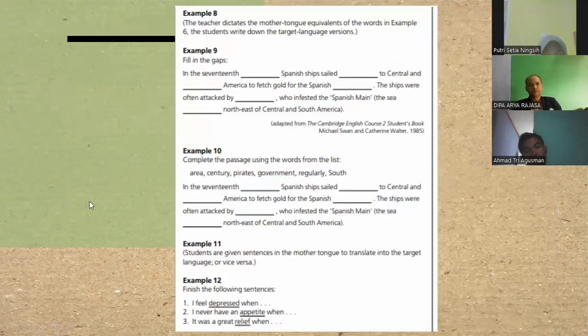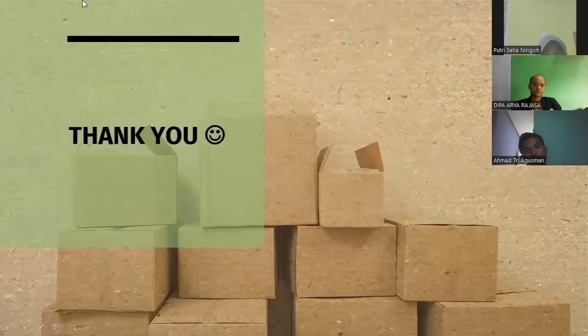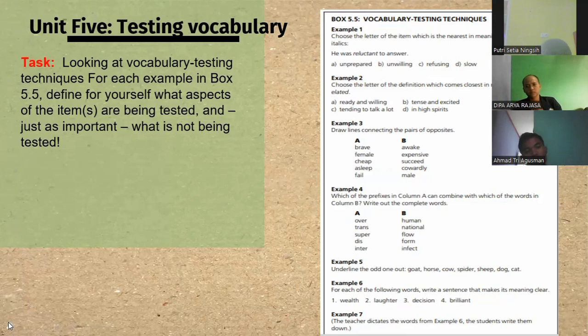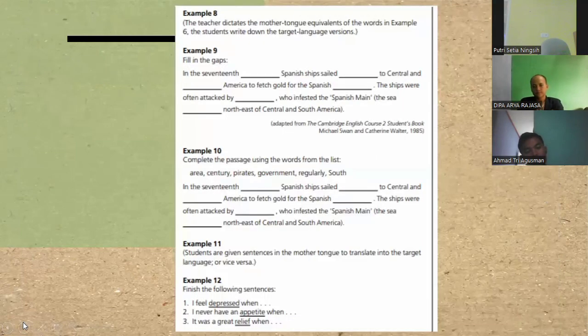Example 7 is dictation. Dictation tests oral recognition and spelling only. Example 8, dictation translation. This checks if students know meaning and spelling only.